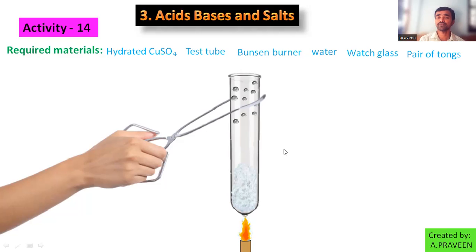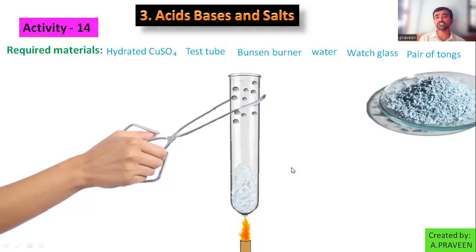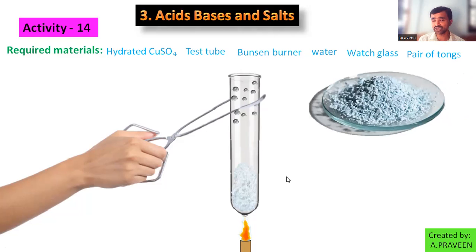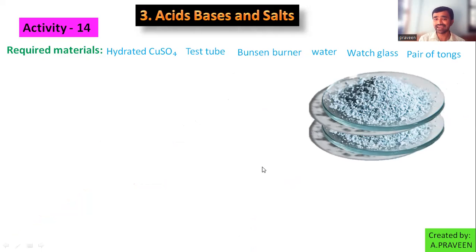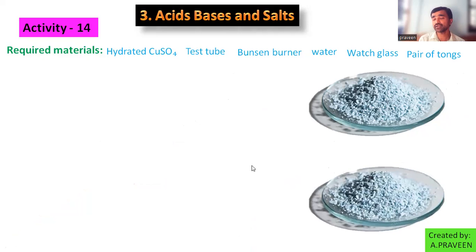So that white crystals you are now collecting into the watch glass. Take those white crystals into the watch glass. Then what to do? You need to add a few drops of water into this white colored salt obtained by heating the blue colored hydrated copper sulfate.